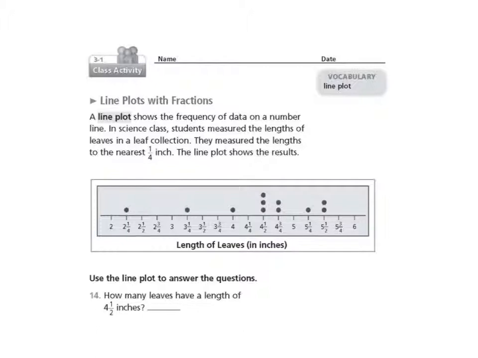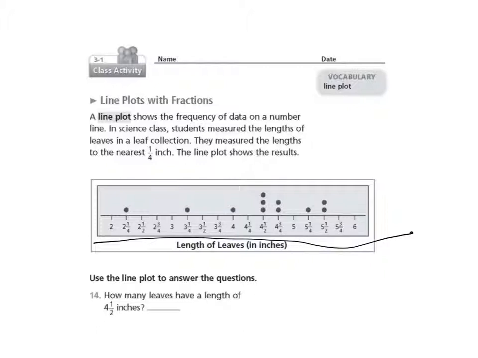Somebody maybe at 6 inches, somebody at 7 inches. Oh, there's another person at 7. So we'd plot it on this line, wherever it would fall. Here they used fourths of an inch to collect. That's why you see 2, 2 1/4, 2 1/2, 2 3/4, 3.